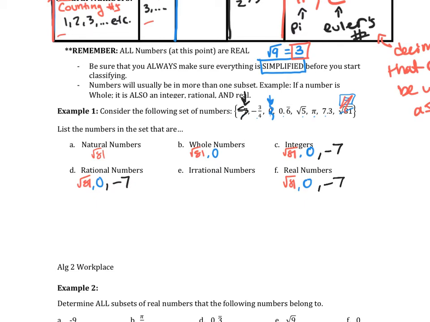Then we have our rational numbers, which are fractions and decimals that can be written as fractions. So in this case, it would be the -3/4, the 0.6 repeating, and the 7.3. So those are rational numbers. And if a number is rational, it's also real.